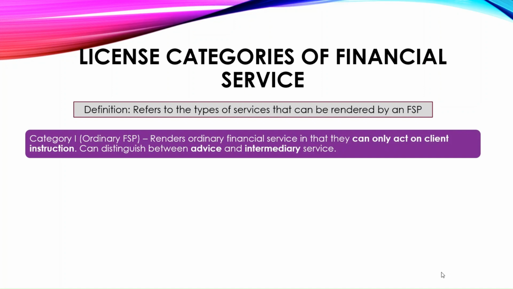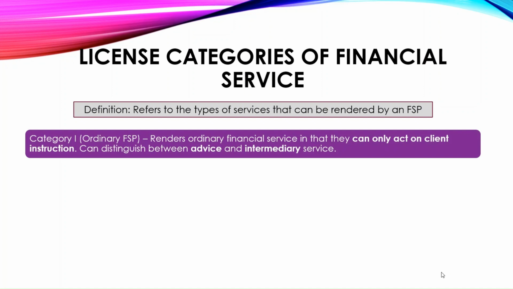So what do I mean by that? If a client wants to process anything related to their product, whether that be a change in a beneficiary, updating of details, adding to an investment, etc., all of that can only be processed once a client gives consent and approves that particular process.